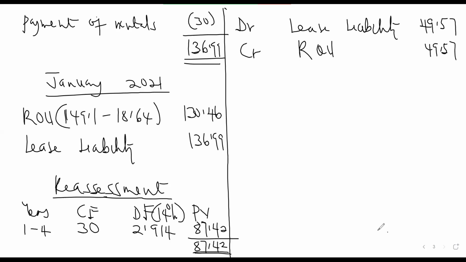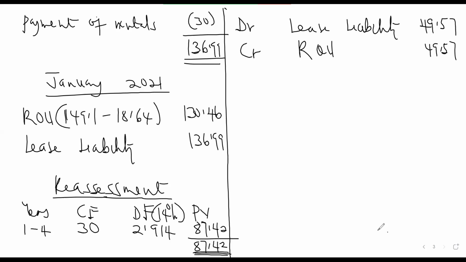So you have to reduce your lease liability to 87.42, and the same reduction will be done to the right of use. There is no profit, there is no loss here. We assume that they are carrying this at cost model, so the reduction should be taken from the right of use and also the lease liability.